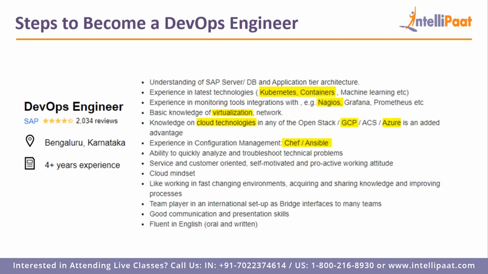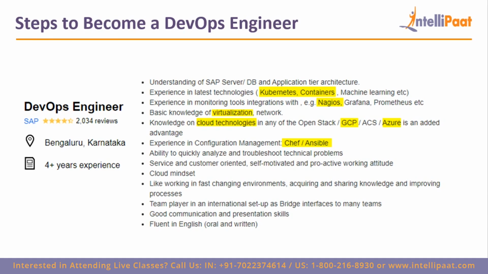Moving on. This role is from SAP, and they need a 4+ year experience DevOps engineer. So they're asking for the latest technologies, that is, as I told you, containerization and orchestration tools. They're asking for Kubernetes and containers. And then for monitoring tools, they want us to learn Nagios, Grafana, Prometheus, and these are some various examples for monitoring tools.